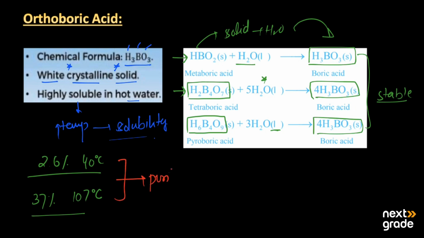First we have purification and then we have separation. It can be separated and purified by using this property of variation in solubility with the help of temperature.